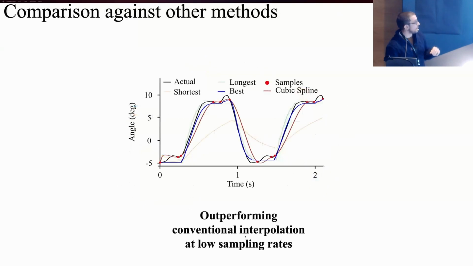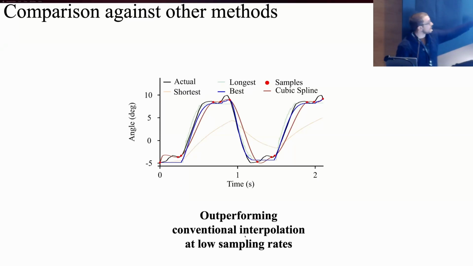Now, our method is outperforming the conventional spline interpolation when we're using a very low number of samples. The reason for that is that, in contrast with interpolation that goes exactly through the red points, which are our samples, our method cares more about how the connection of the different samples happens.